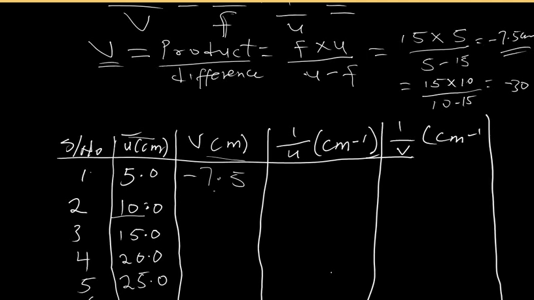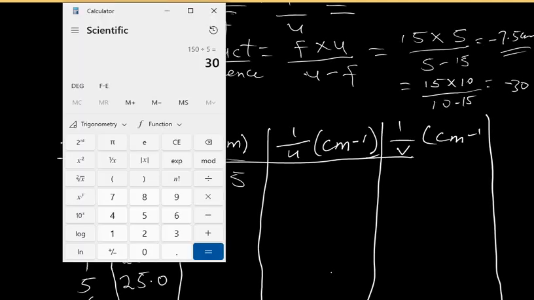Am I making a mistake? Let me look at the very first value. There it was 15 times 5 divided by minus 10, that's minus 7.5.